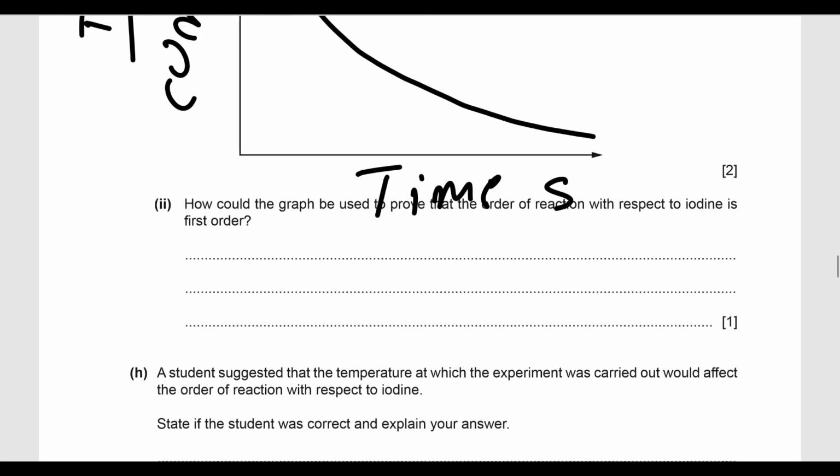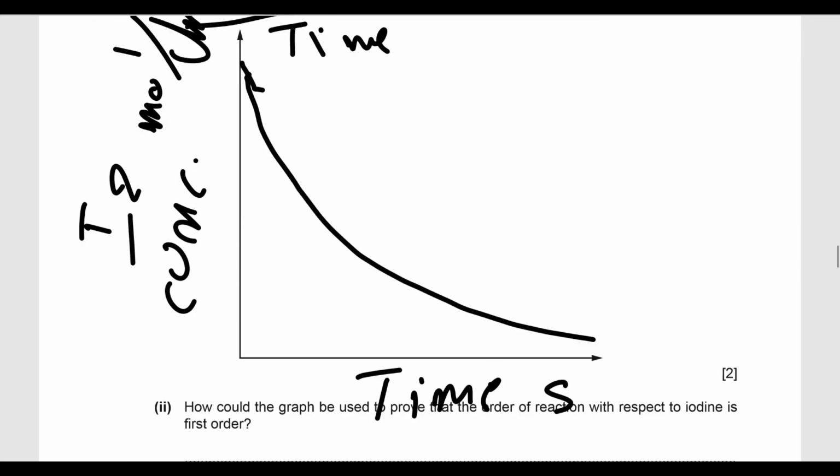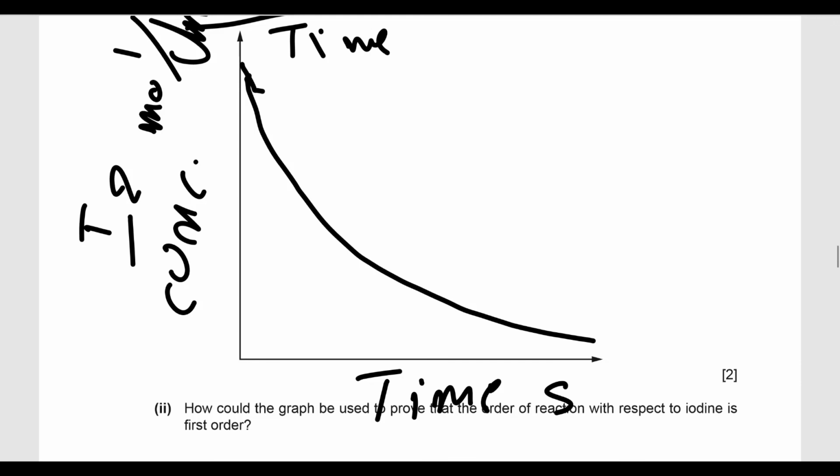In the question II, how could the graph be used to prove that the order of reaction with respect to iodine is first order? That means, to prove that this graph fits a first order reactant, you can prove that by finding the half-life. So the concentration, for example, if it's here 1, here we can say it's 0.5, and half of 0.5 is 0.25.